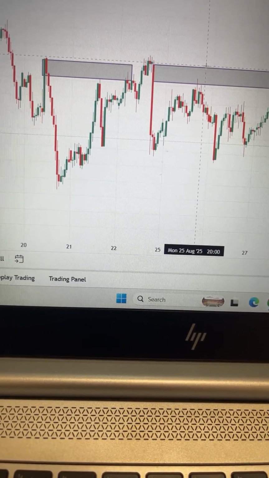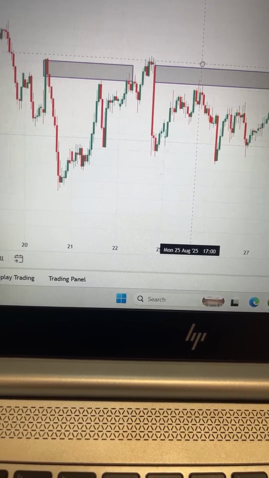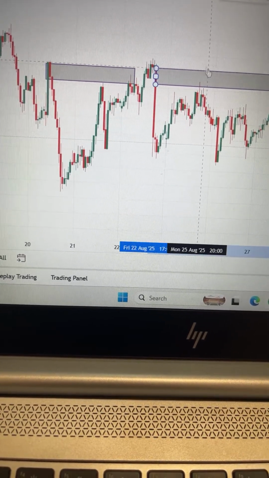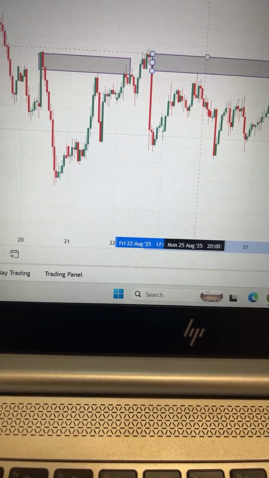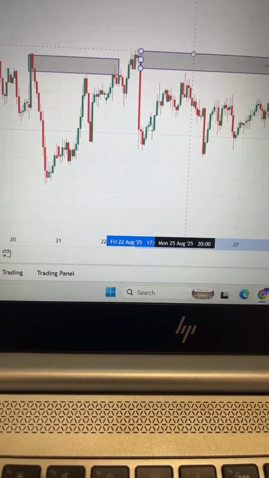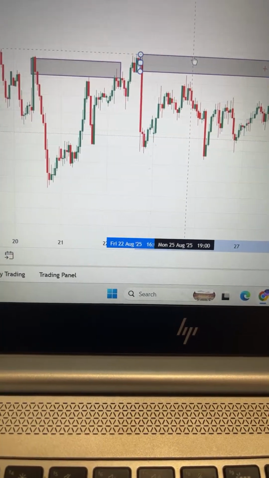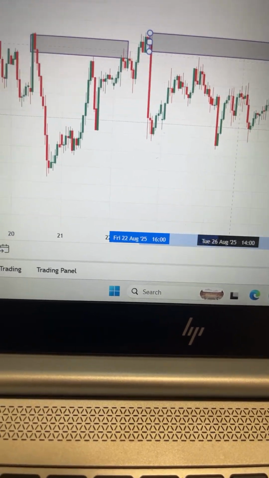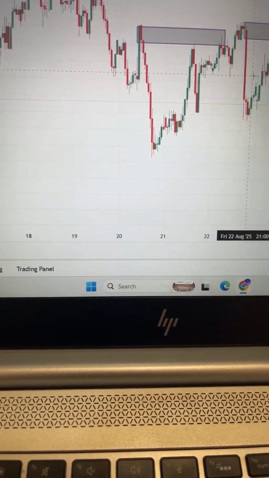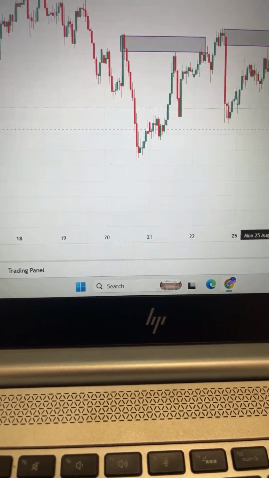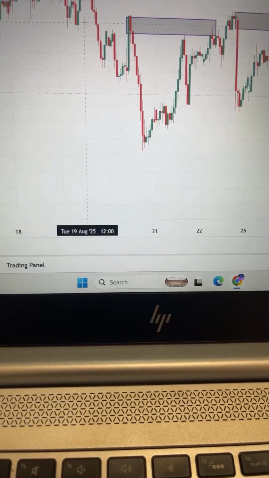If you are to mark it out, we have said it's the last candlestick. So which one here is the last? The last is this bullish candlestick here, the last from the upside, which is a bearish candlestick. So this is invalid. You don't see here the break of structure, and you don't see the liquidity sweep, so it's invalid.